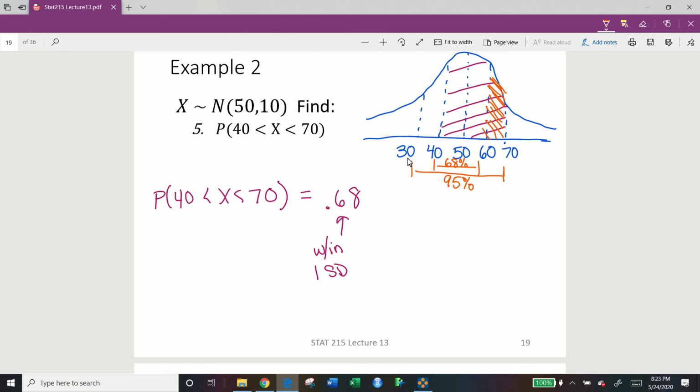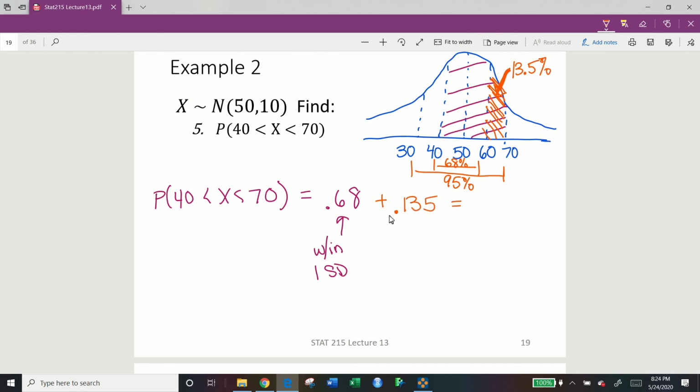If I subtract 95 minus 68, I get 27. So that means 27% of our data is going to be between 30 and 40 and 60 and 70. If I cut that in half, I will then have this one piece, which is going to be 13.5%.